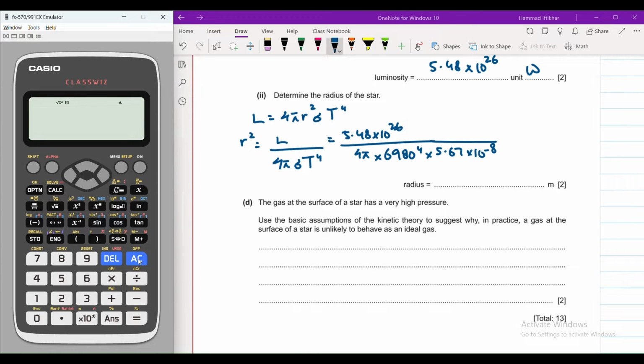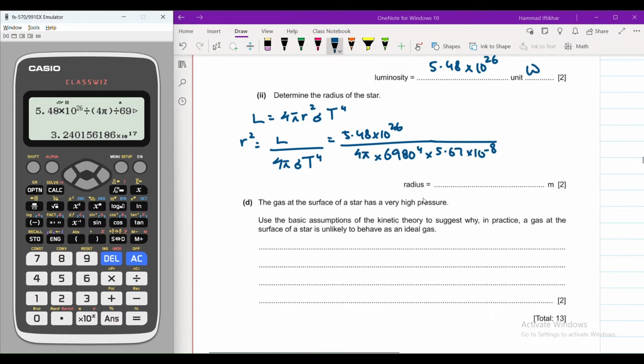Okay, so let's see. 5.48 times 10 raised to power 26 divided by 4 pi divided by 6980 raised to power 4 and divided by 5.67 times 10 raised to power minus 8.